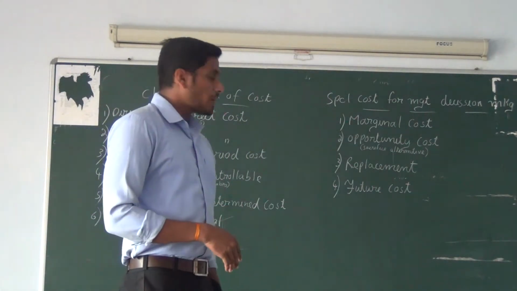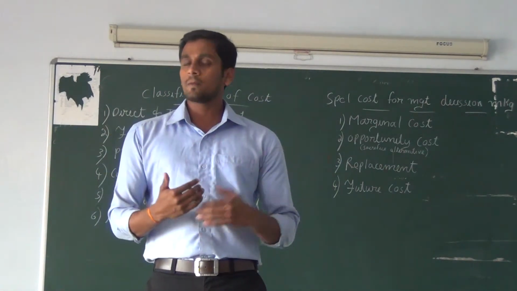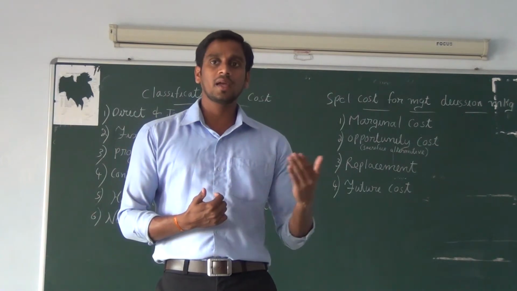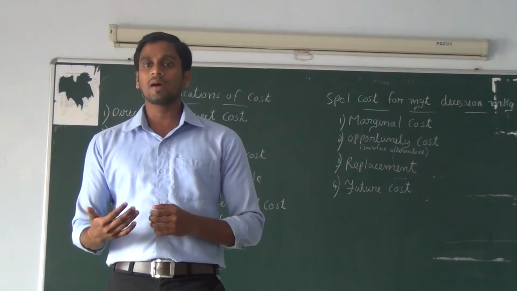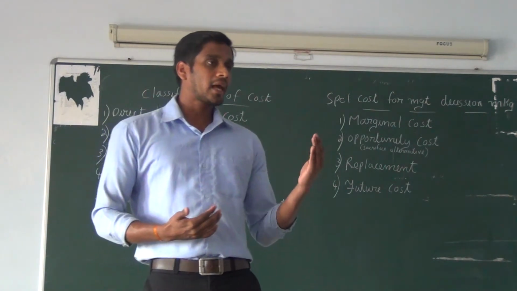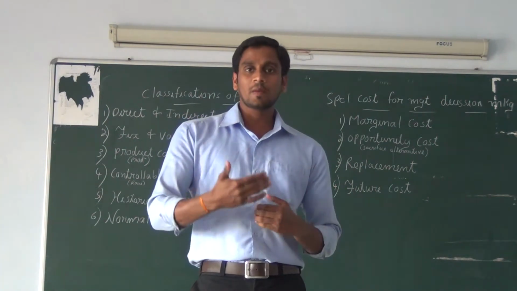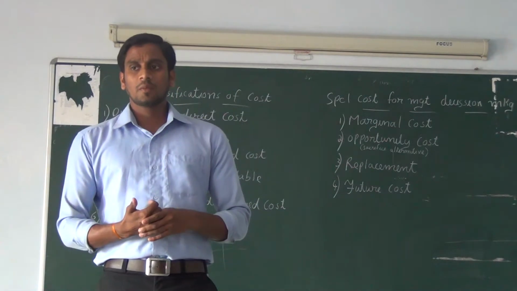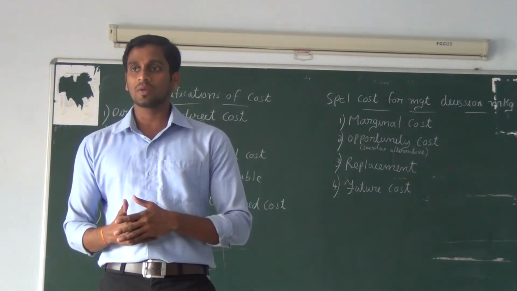And the next one is replacement cost. Replacement cost means, suppose in a factory a machine has been working for many years. But after 10 or 20 years, the machine will have some wear and tear, and by calculating the depreciation, we find that it needs to be replaced and we need to purchase another machine. For example, suppose in 1995 we purchased a machine worth 10,000 rupees.